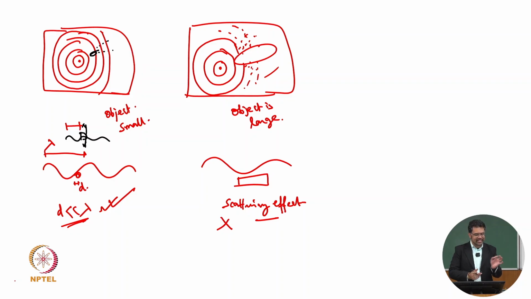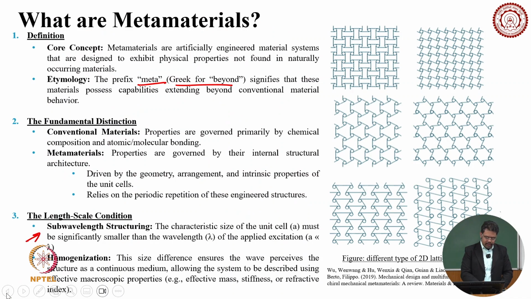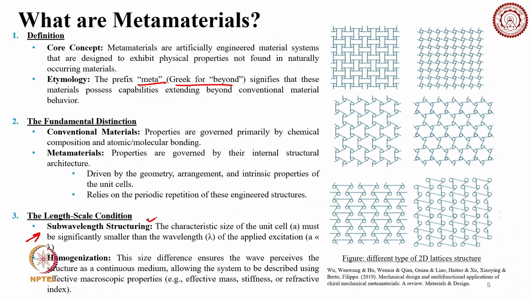If your changes are more than the wavelength, then there will be scattering, and you will not be able to homogenize the medium. Homogenization of the medium is not possible in those cases. So that is one of the prime issues, and that is the sub wavelength structuring. I hope you got the idea of what sub wavelength structuring is.